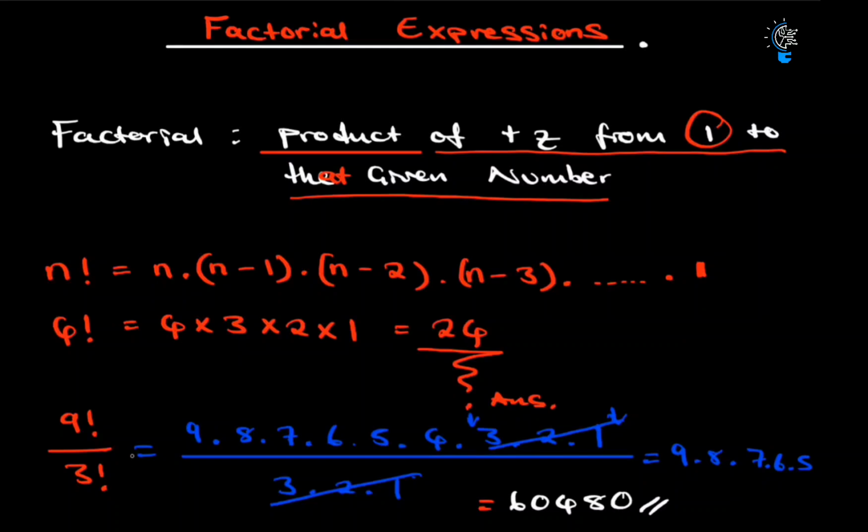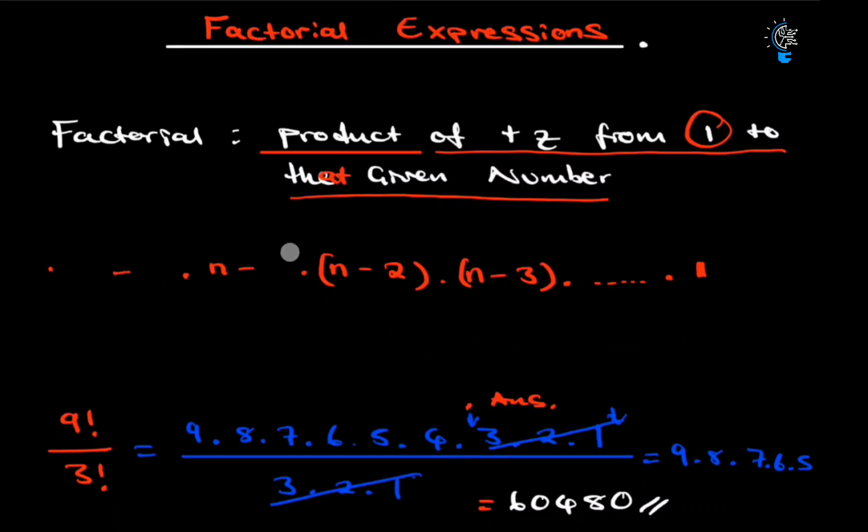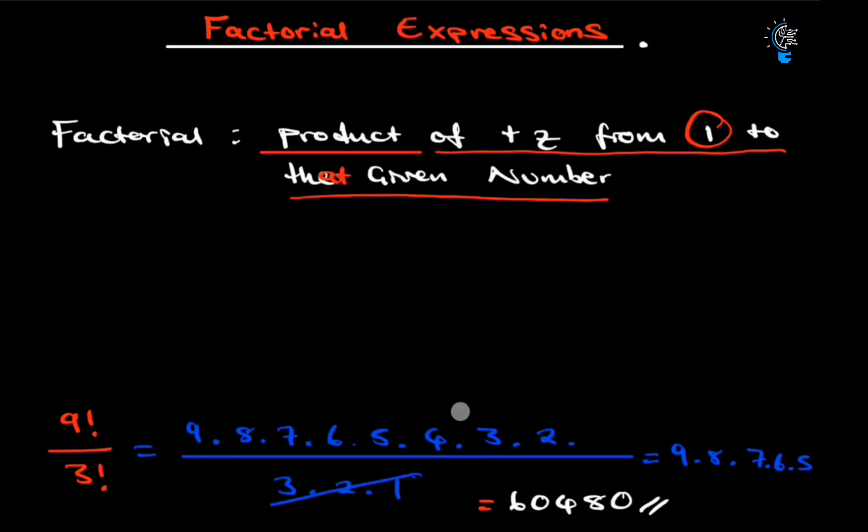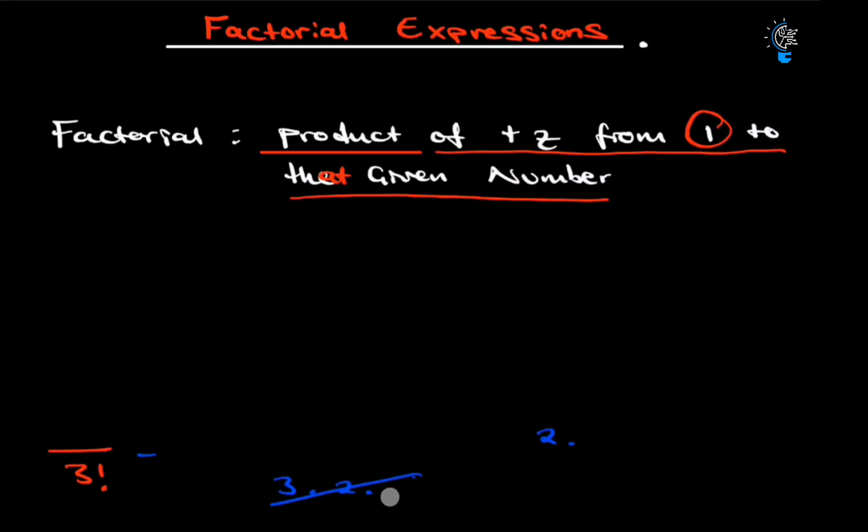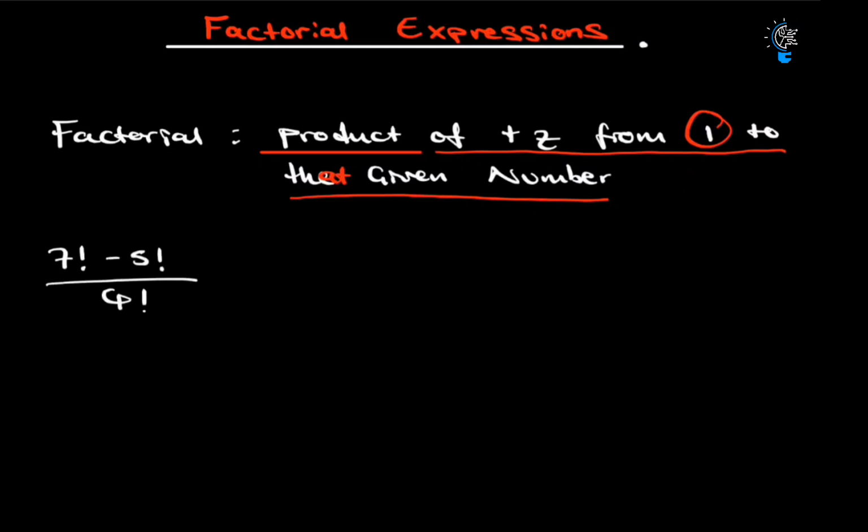Okay, let's do another example. Let's clear some space, and let's say we have a question that says 7 factorial minus 5 factorial divided by 4 factorial.